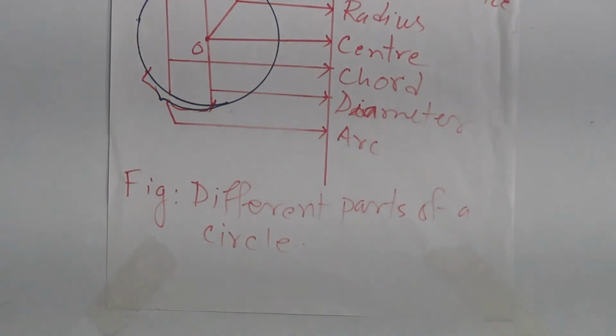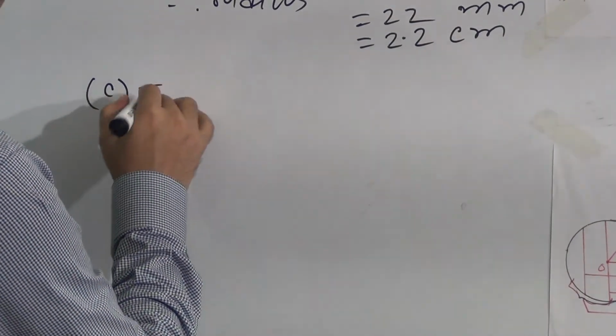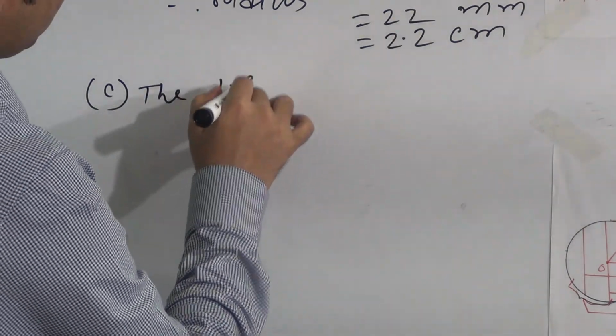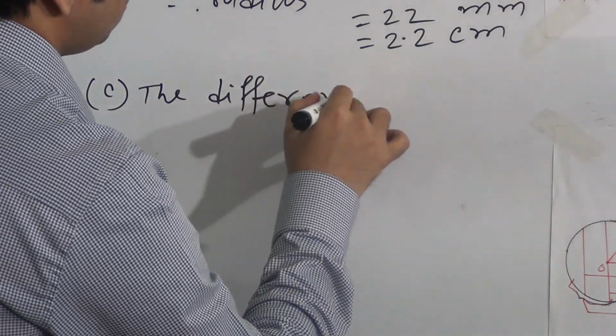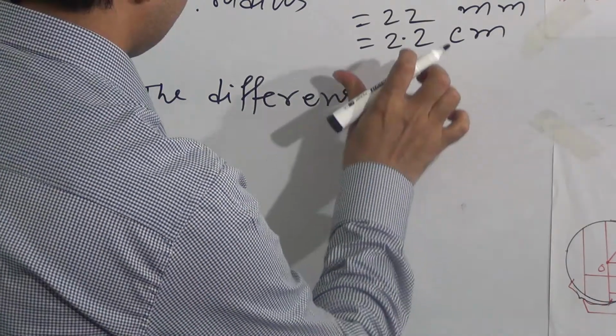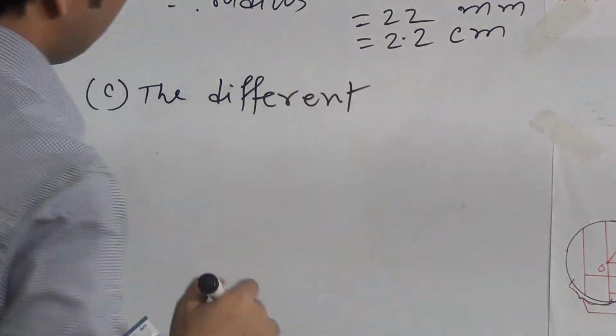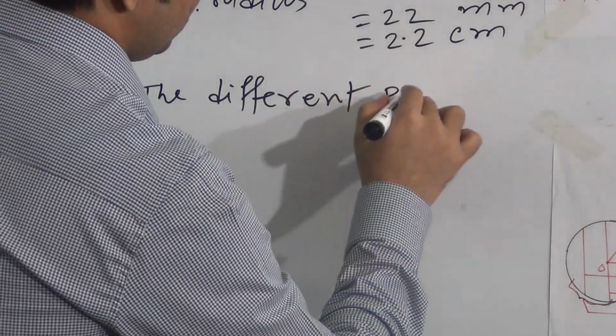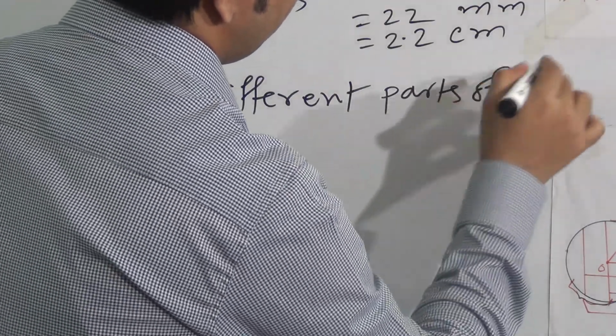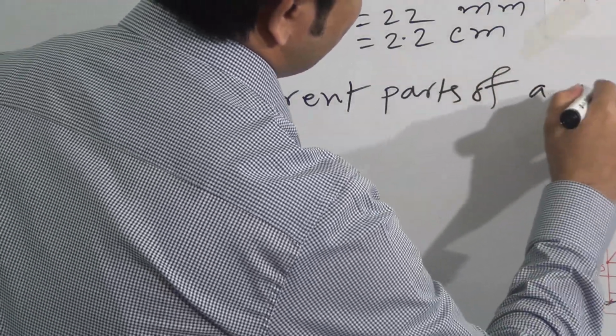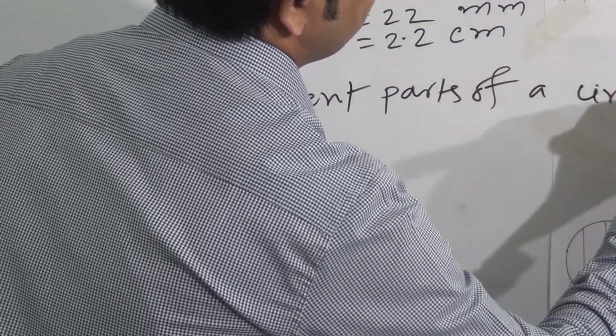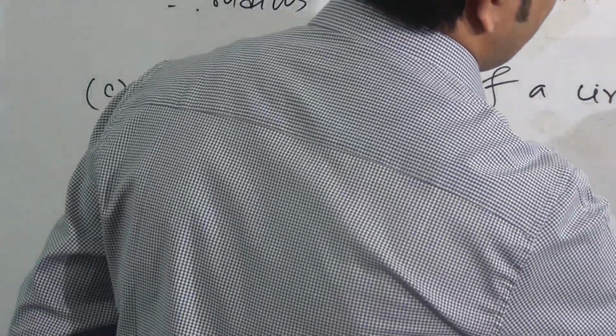The students, so we can write, the different parts of a circle is shown below.